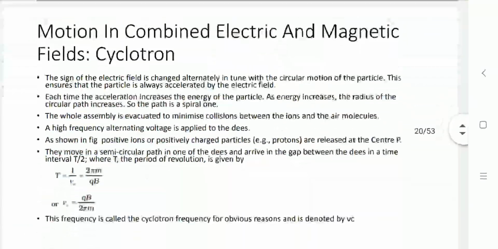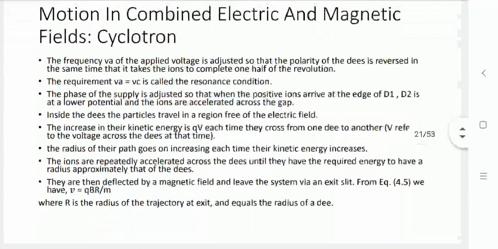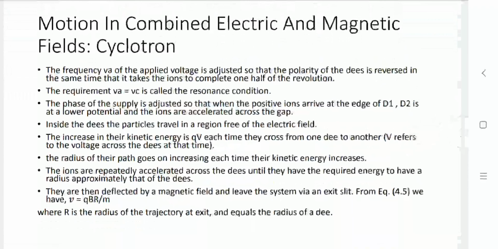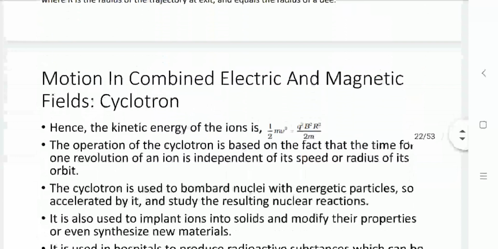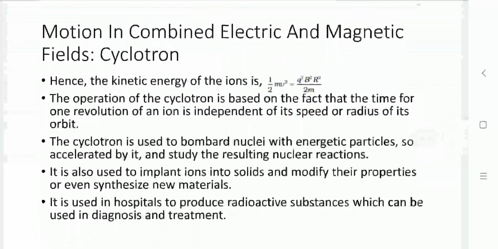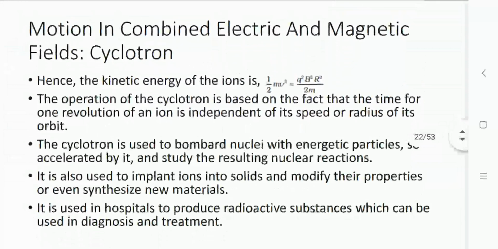At that time it has the maximum energy; in terms of nuclear energy, that is the maximum acceleration and energy it can accept. At that time the velocity is qBR by m, where R is the radius of the trajectory at exit, equal to the radius of the D. So the kinetic energy goes to its maximum, which is equated to q squared B squared R squared by 2m.